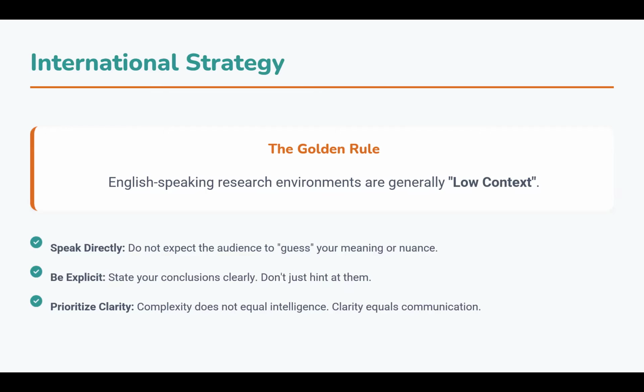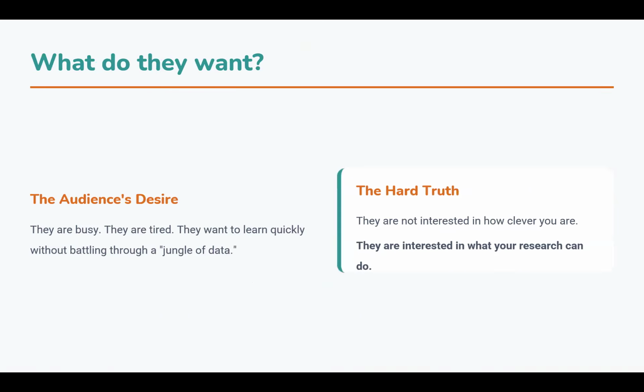Communicate your idea to the audience where you prioritize clarity. So that is about the culturally low context, wider international community golden rule, and what this community expects from you.